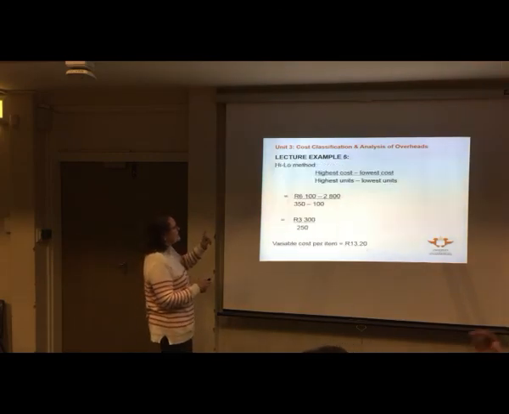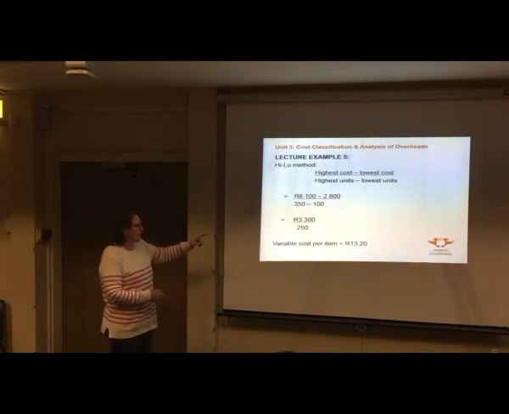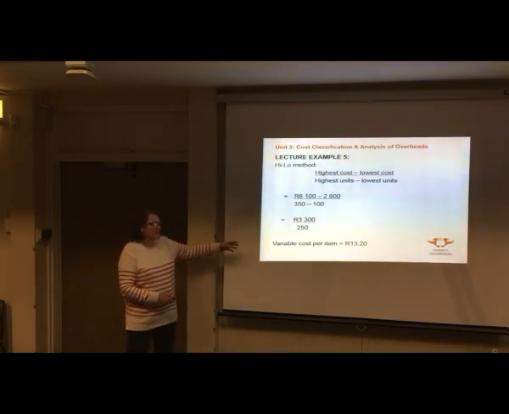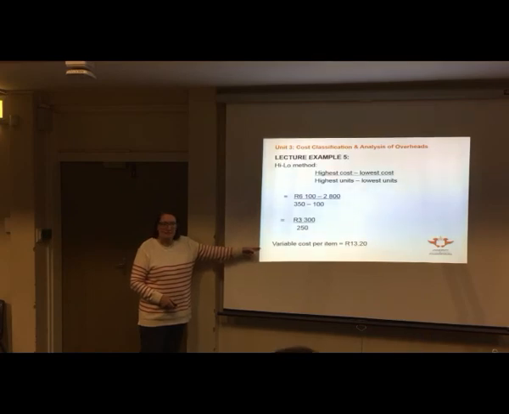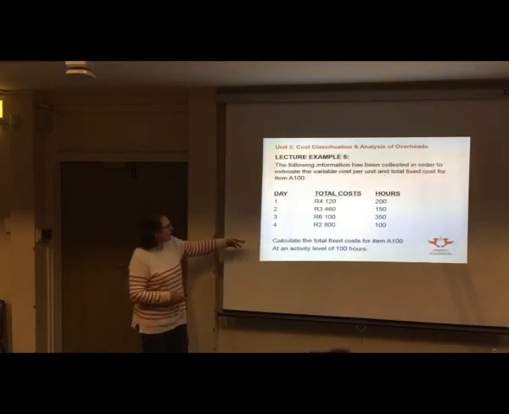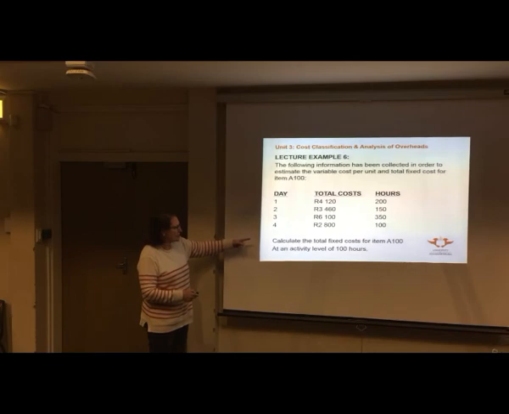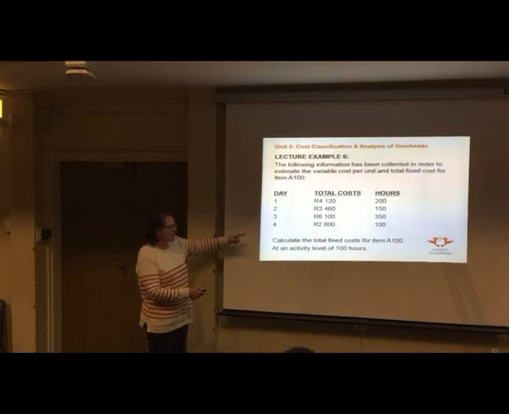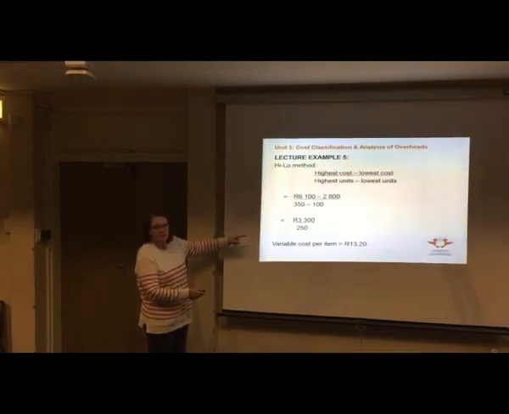So the first thing is, let's go back to there. We've got a variable cost per item of 13 Rand 20. You agree? Yes. Right. Now, I've asked you to calculate the total fixed cost at an activity level of 100 hours. There's the 100 hours. The total cost is 2,800. The total variable cost must be 100 hours times 13 Rand 20, so 1,320.